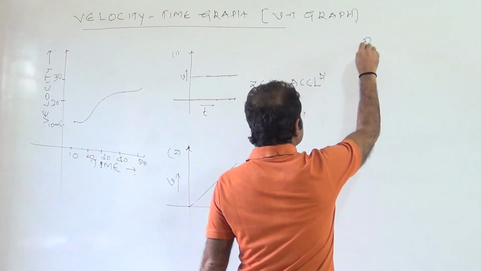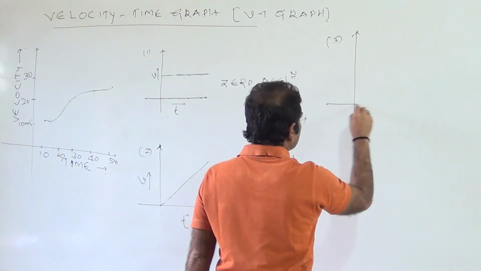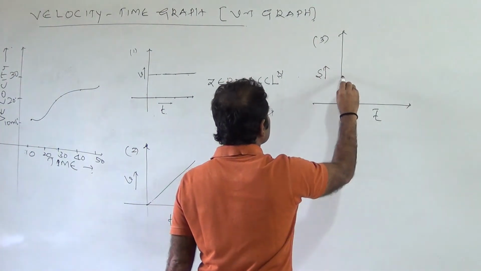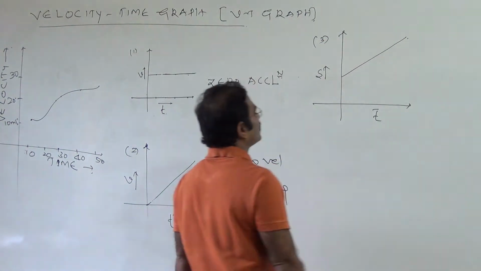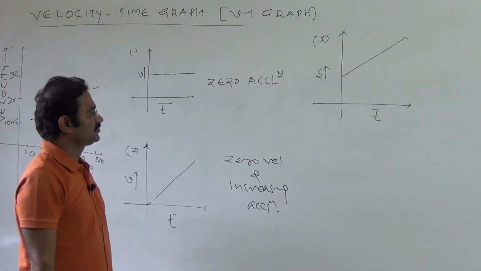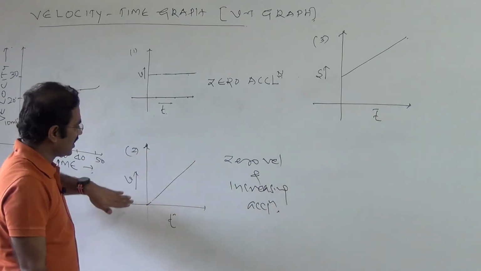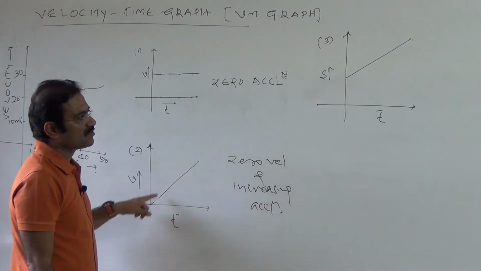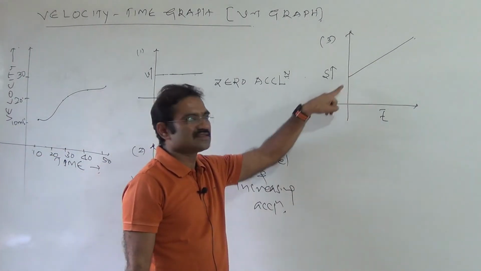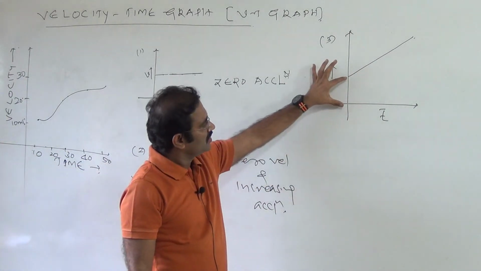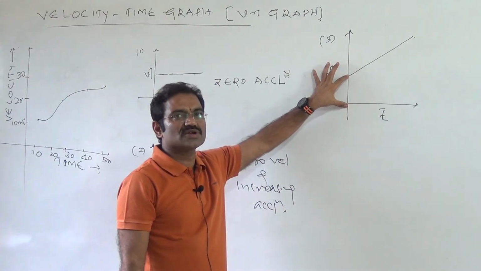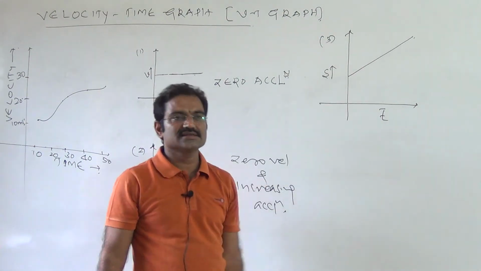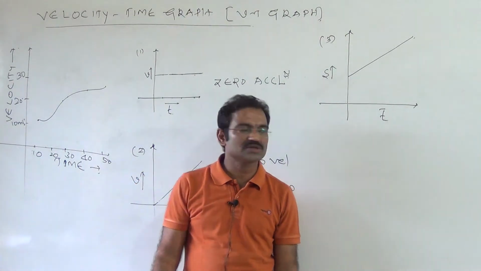The third one is the same. If you plot a graph of velocity versus time and observe here, what is the nature? Observe these two, both of them are increasing, but here the velocity is 0, but here the velocity is not 0. It has a certain initial velocity, but with respect to the time there is an increase in the velocity.